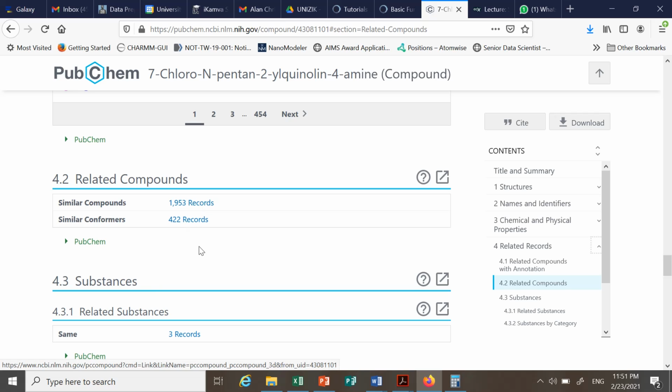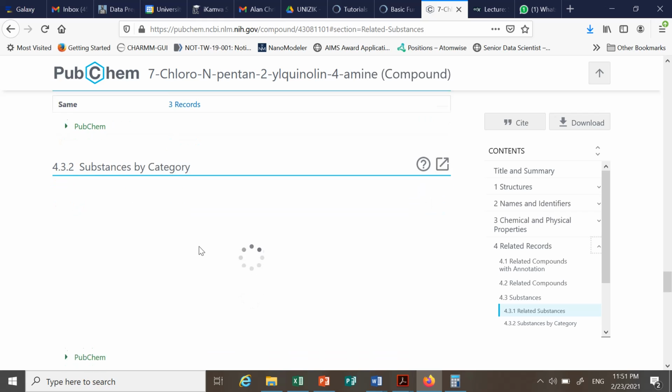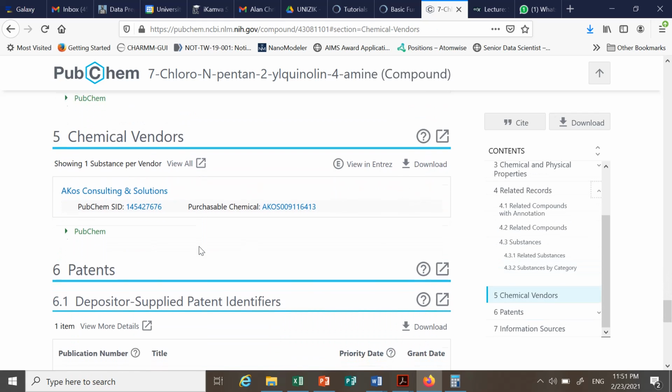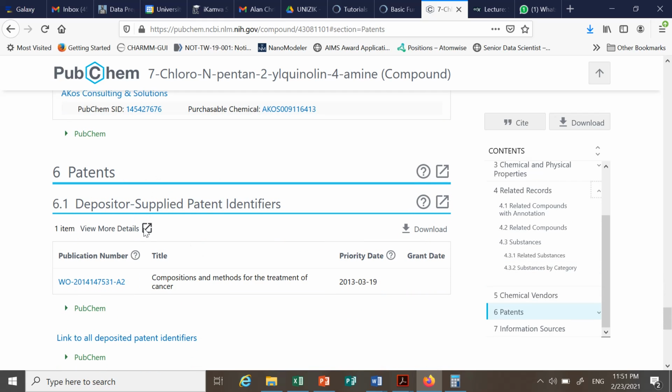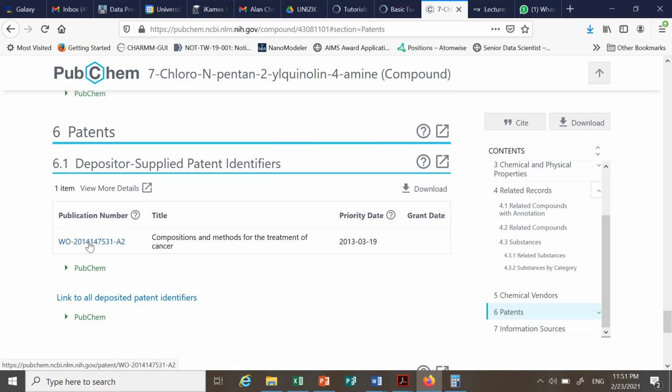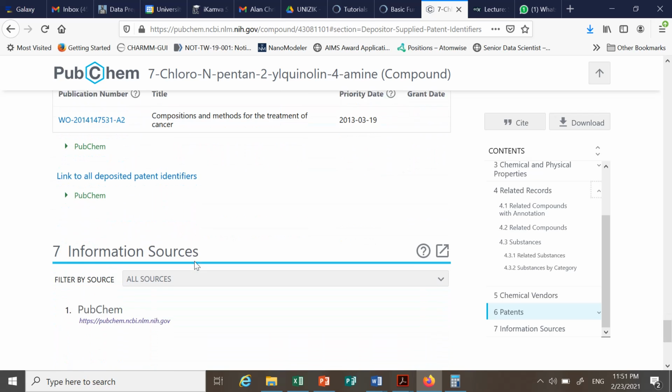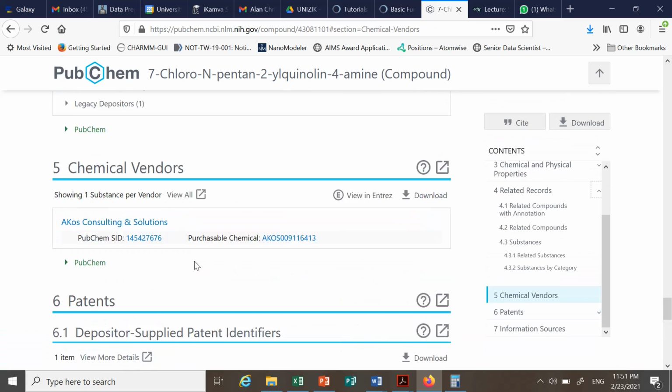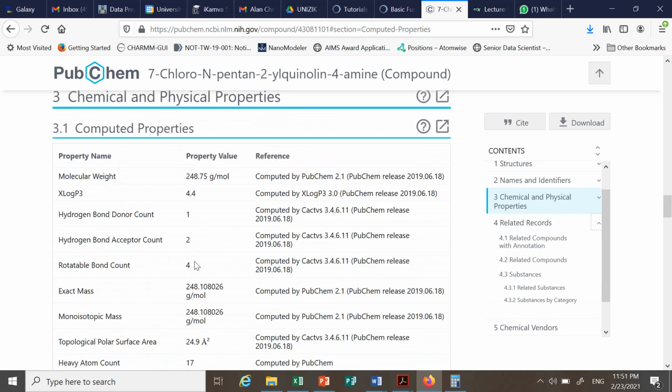For this compound, I'm not sure, is there a patent? No patent. There is a patent for this. So that's the publication: composition and methods for the treatment of cancer. So this compound was actually tried out in this study.